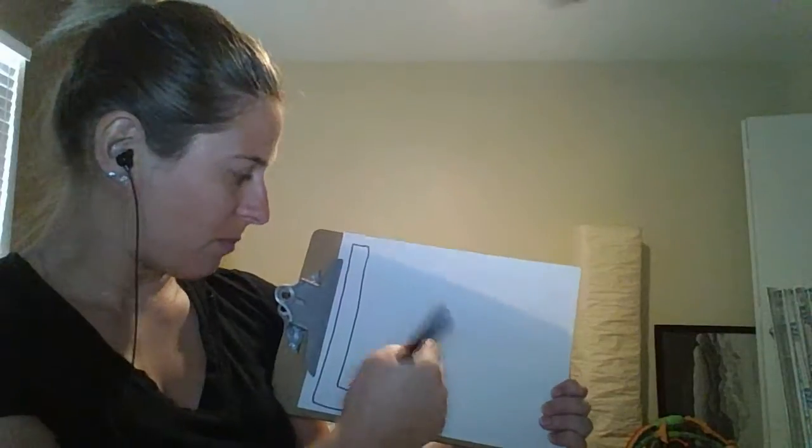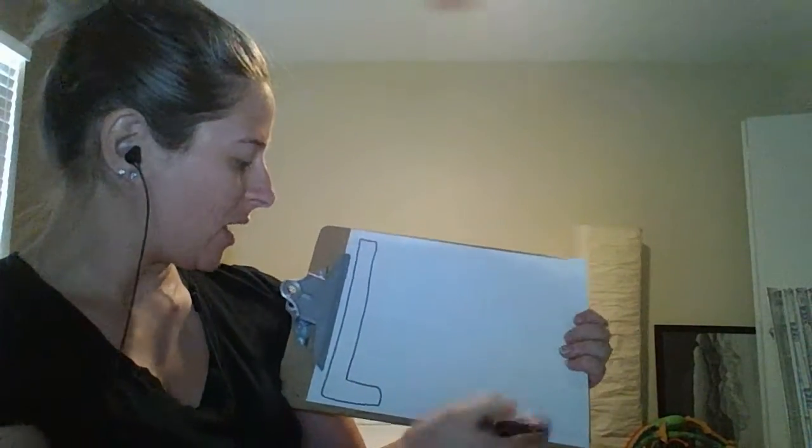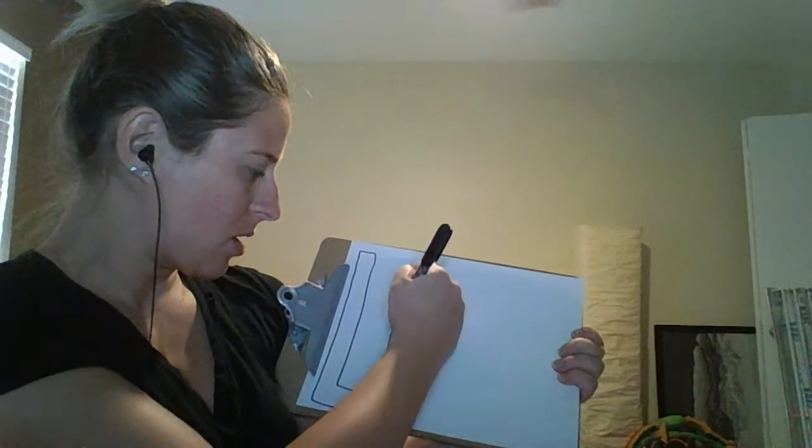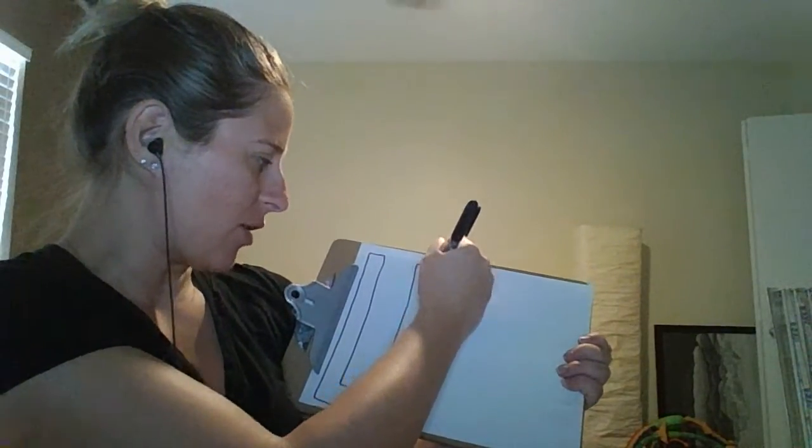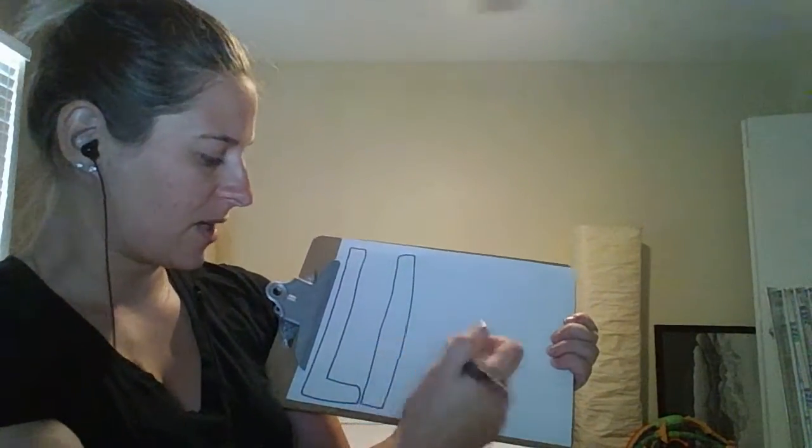You can see I take up most of the paper here. L, I. I'm going to make them close together because the N is going to take up a ton of space.